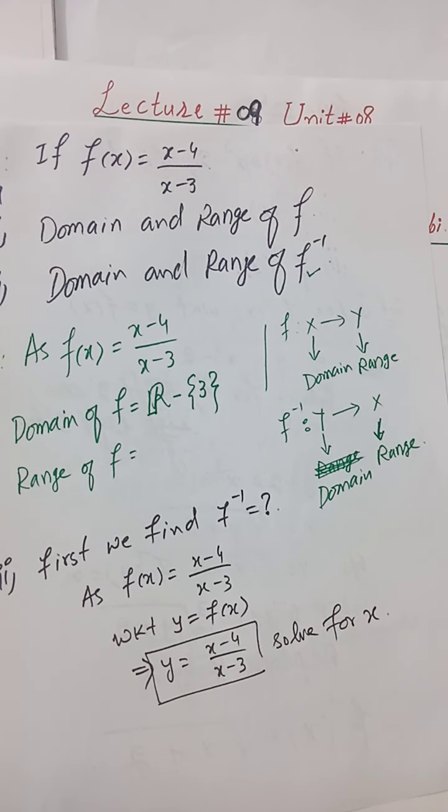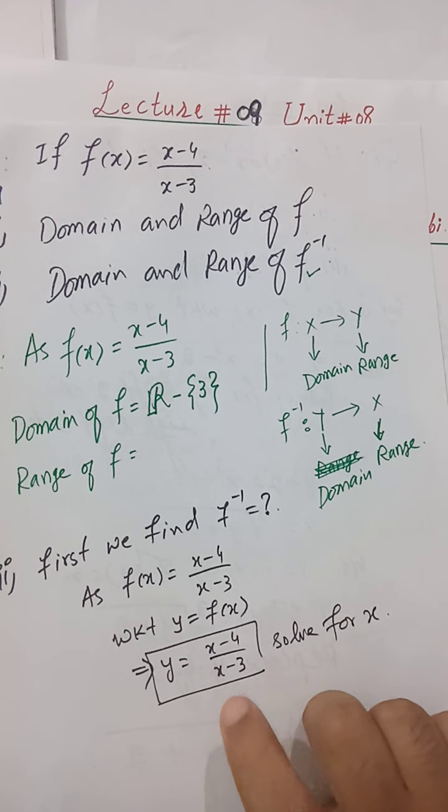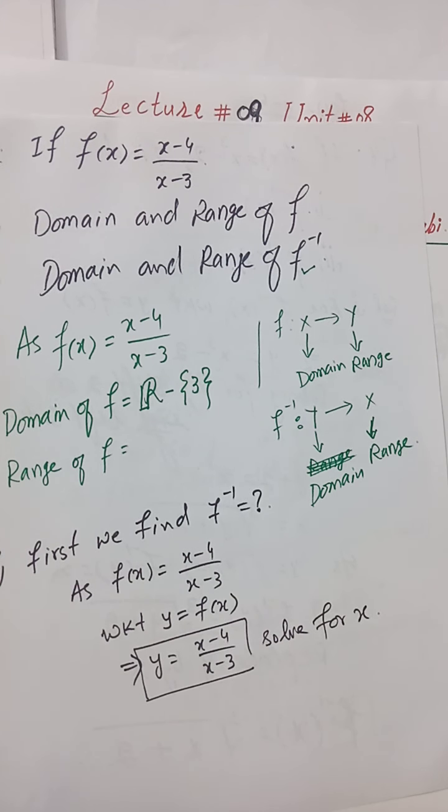It is difficult to solve this for x, because on the right hand side, in this quotient form, this fraction is improper. So first of all, you need to convert this improper fraction into a proper one.